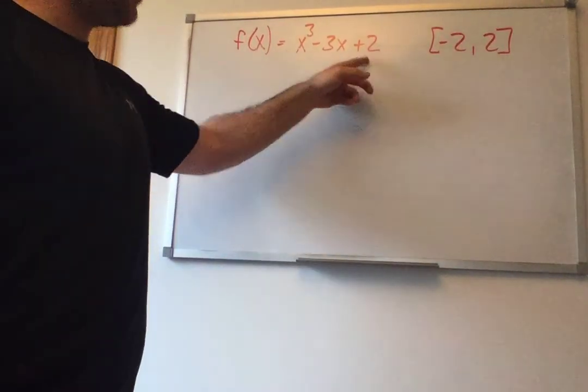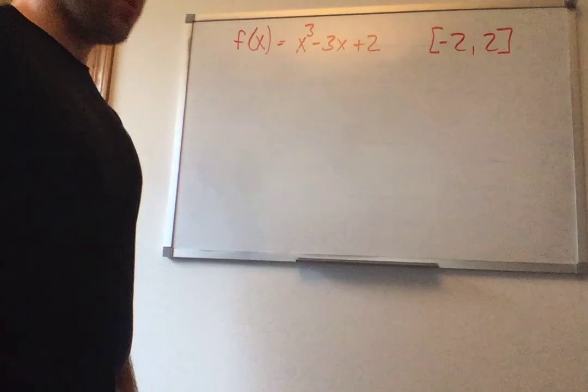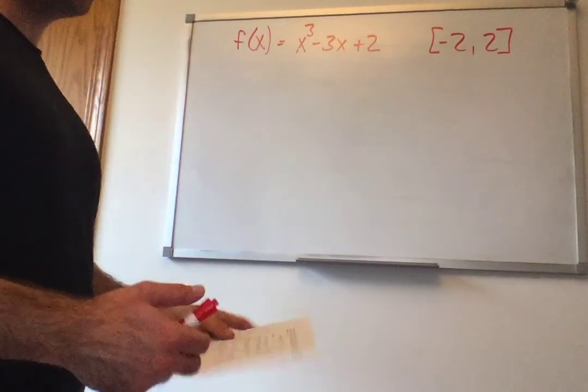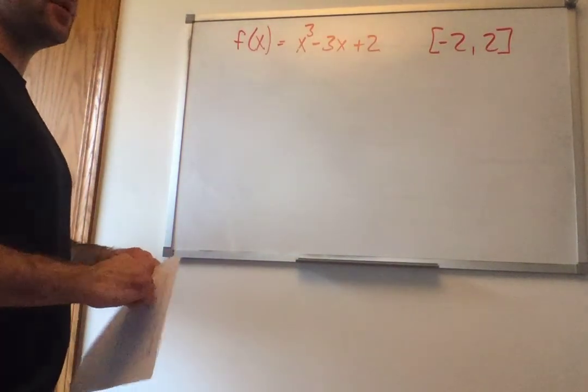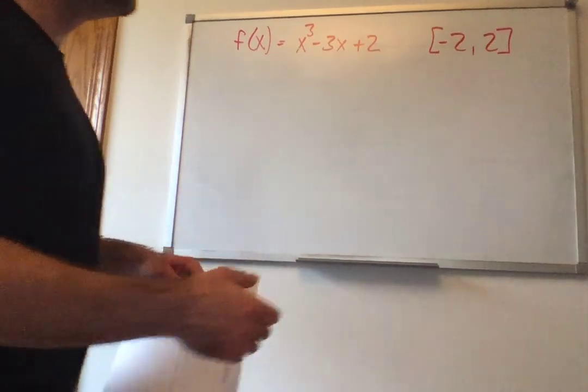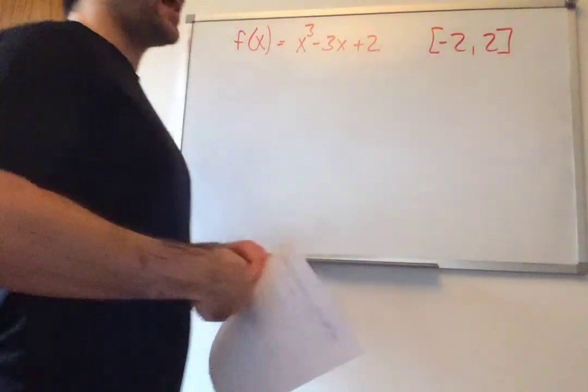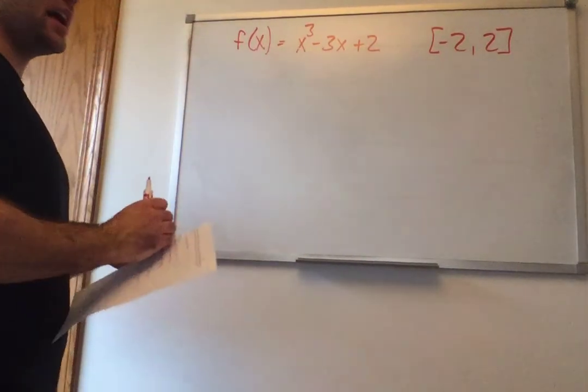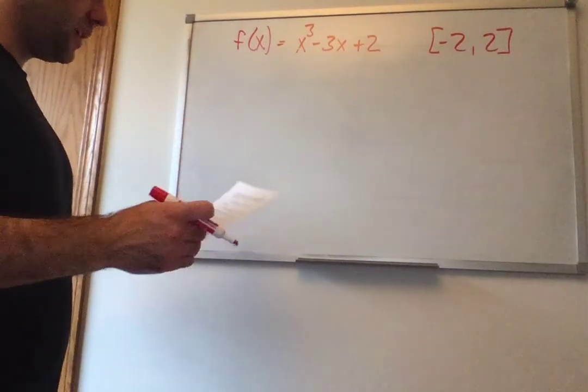Well, this is a polynomial function, and polynomial functions are differentiable and continuous on the entire real line from negative infinity to positive infinity. So they're definitely differentiable on any closed interval inside the real numbers.